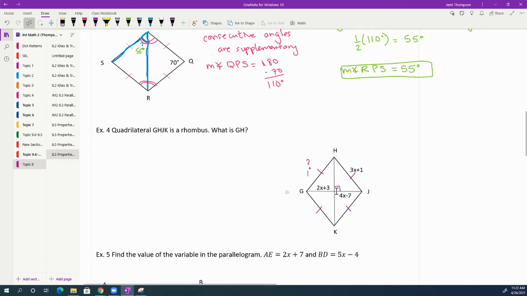I have these 2 pieces of this diagonal. And in a rhombus, diagonals bisect each other. So I know this piece is the same as this piece. So 2x plus 3 is equal to 4x minus 7. And I can solve.